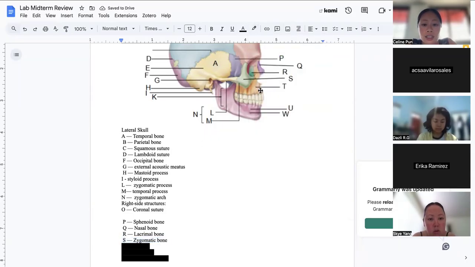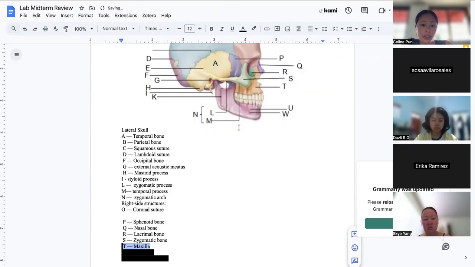And then T, this is where your maxillary sinuses are. What is this bone called? Maxilla.